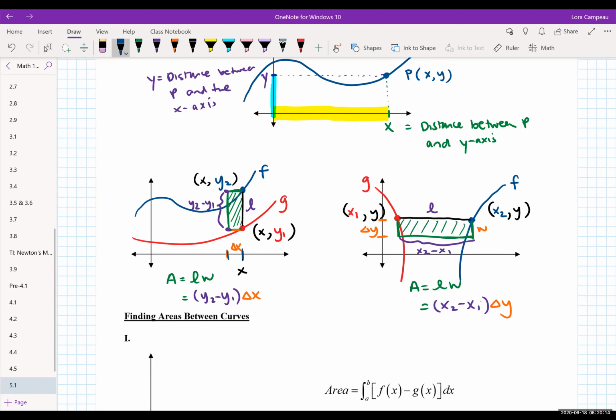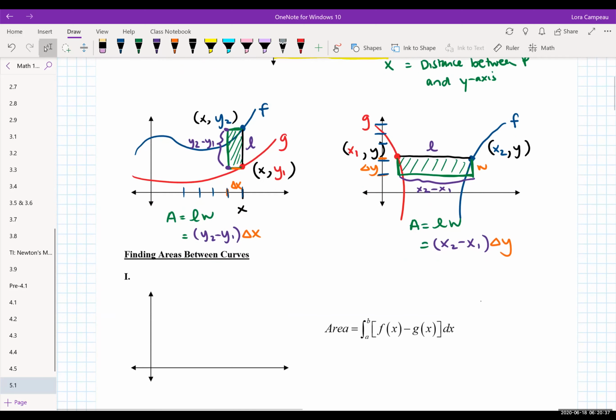That was using delta x. If I was looking at the figure on the right, this is the y-axis that's being sliced up. So this is where we're getting the delta y from. Having said that, there are two specific formulas to help us find areas between two curves.